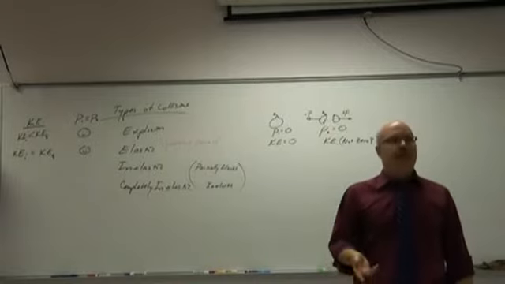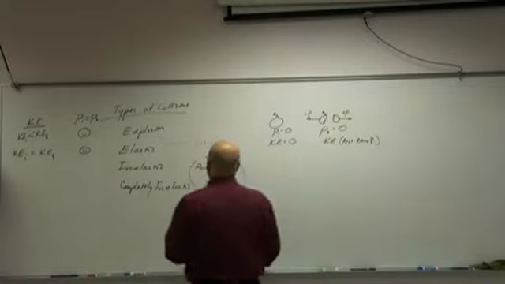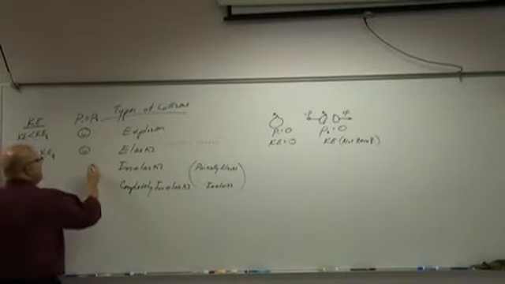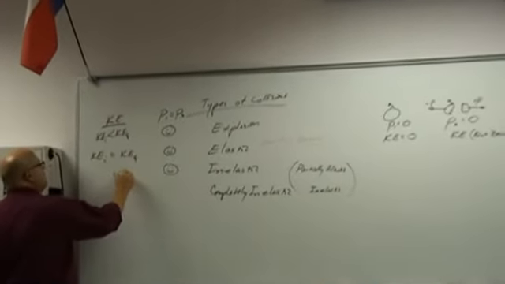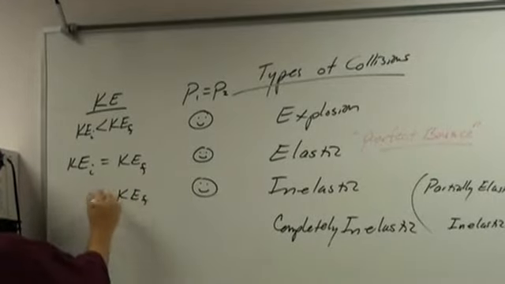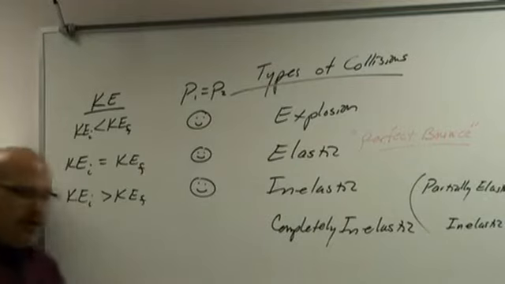Okay. Now, an inelastic collision is a bounce, but it's not perfect. In an inelastic collision, you still have conservation of momentum, but you lose some kinetic energy. Your kinetic energy final is less than your starting kinetic energy. So you lose some energy.